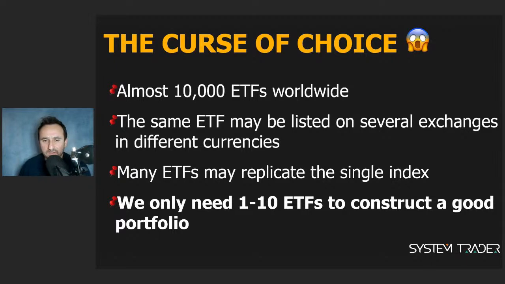To make it even worse, the same ETF may be listed on several exchanges, or the ETF for the S&P 500 may be from many different providers, on different stock exchanges, in different currencies. That's a huge problem for investors trying to build their first portfolio, because they are really lost in that huge world. And I will try to help you today.